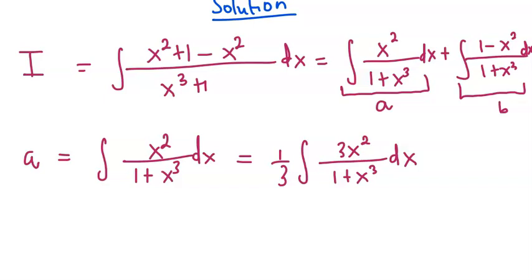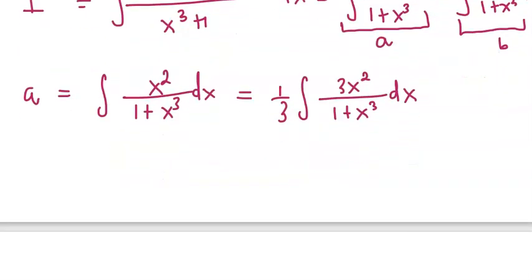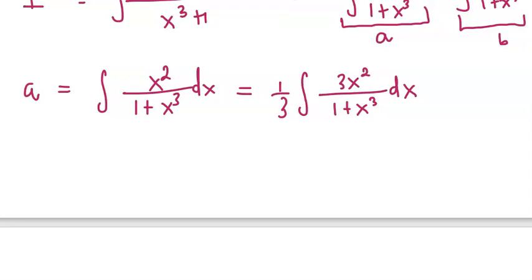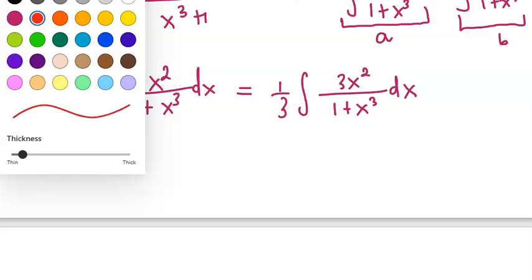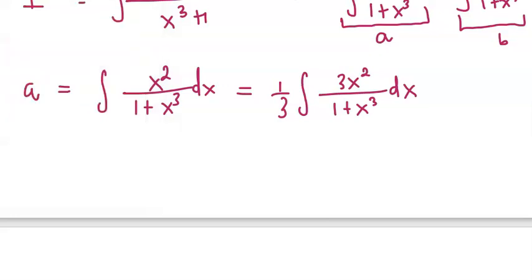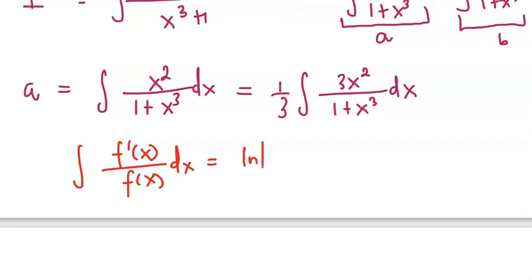Okay, so there is one theory we're going to take note of here. This is one of the fundamental theories of integral calculus. When we have the integral of the derivative of a function over the function itself dx, this is simply the natural log of the function f of x plus c, right?